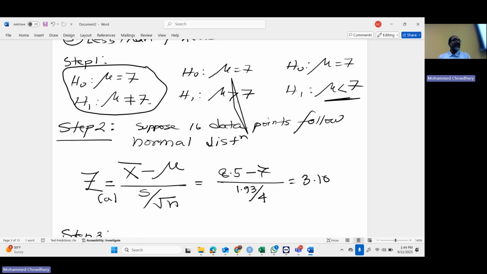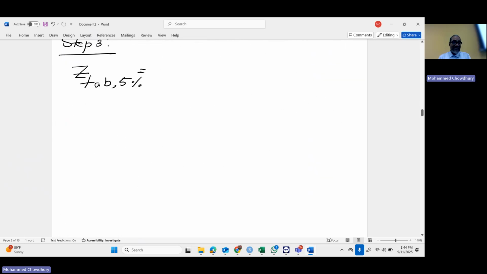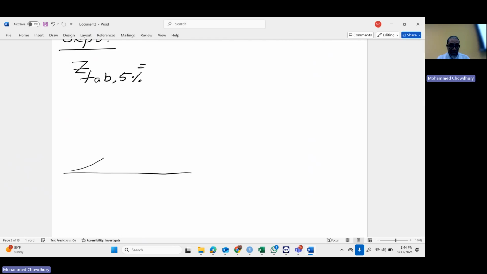Now, 95% I said, right? This is the 95%. And the 5% will go in here and here. Here is 0.025 and here is 0.025.